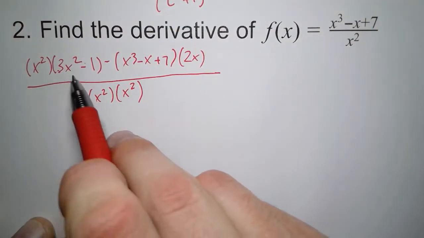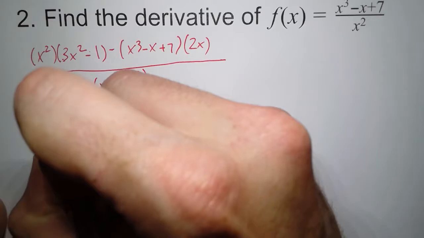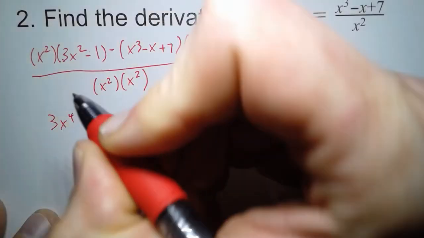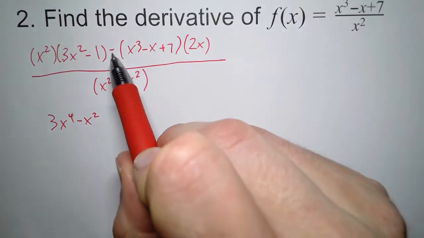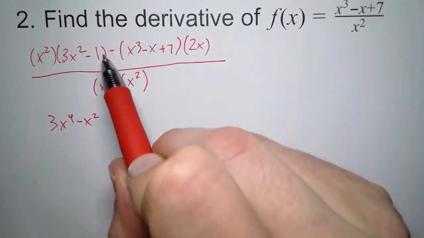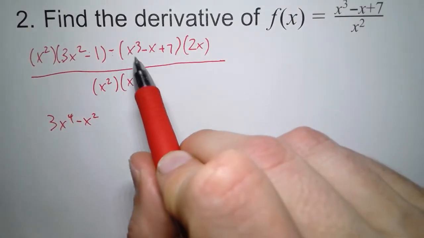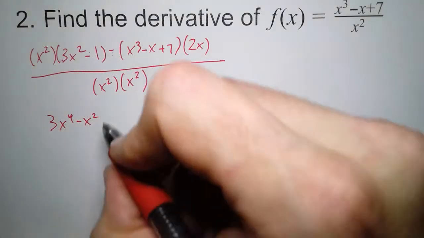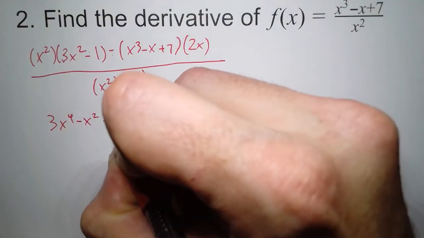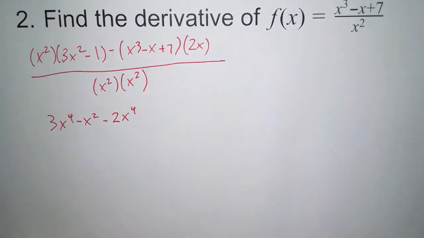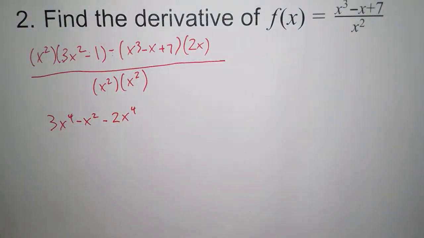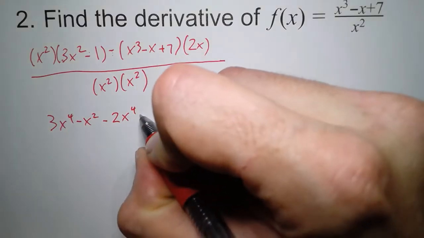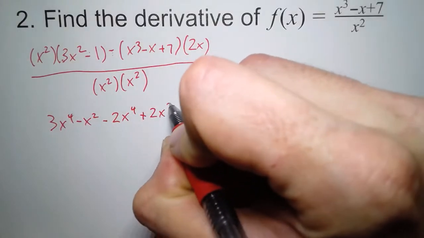So when we expand out these two products, we're going to have 3x to the 4th minus x squared. Now remember, there's a negative out front here, so that means anything we multiply will be the opposite. So x cubed times 2x is negative 2x to the 4th. Negative x times 2x, that's going to be positive 2x squared.